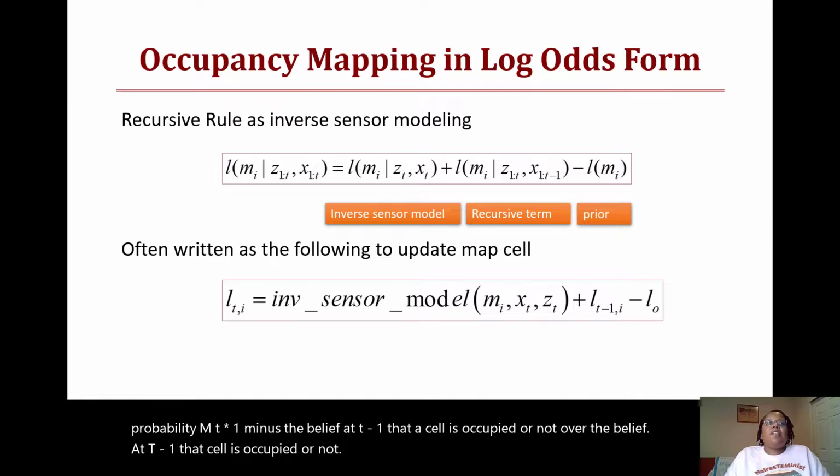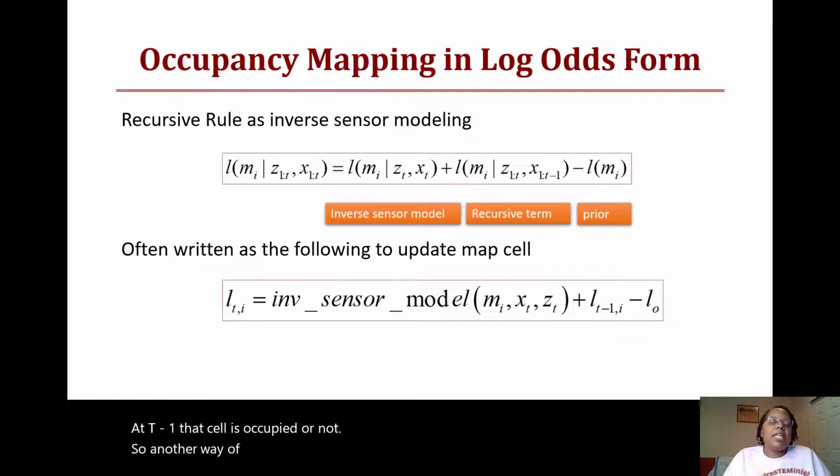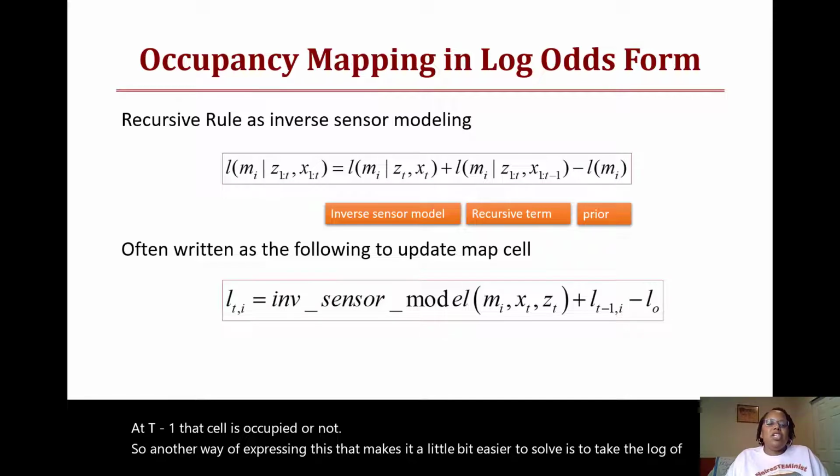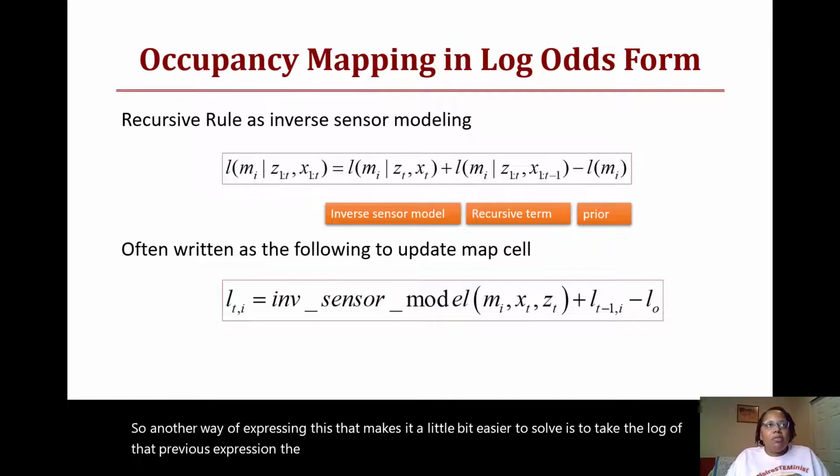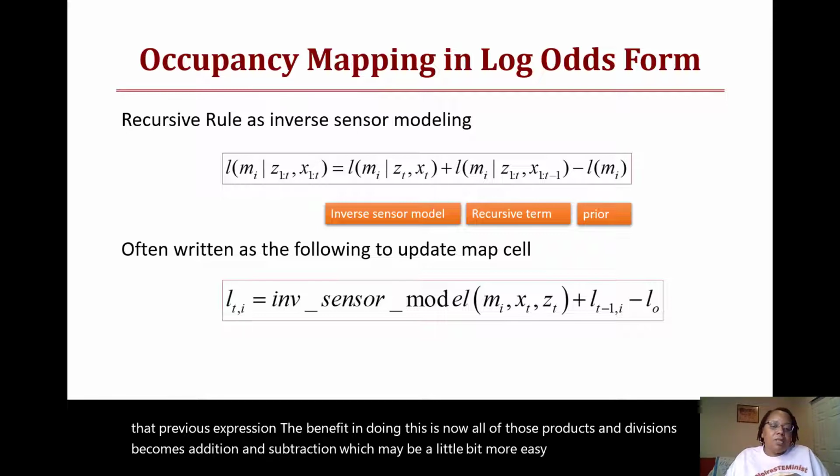So another way of expressing this that makes it a little bit easier to solve is to take the log of that previous expression. The benefit in doing this is now all of those products and divisions become addition and subtraction, which may be a little bit easier to calculate in a computational model.